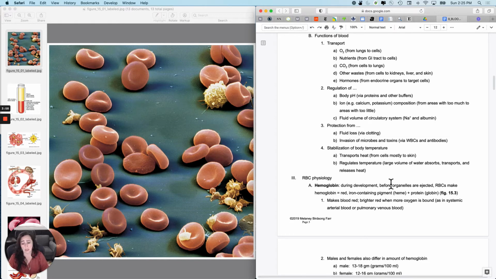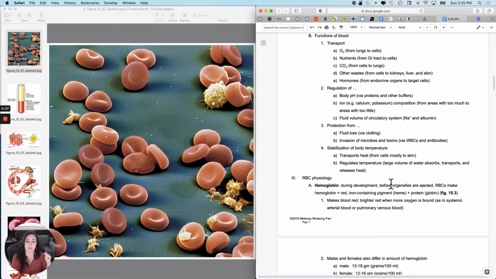And then blood also has a regulatory function. Because it's got proteins and other buffers in it, it actually helps to regulate your pH, not as dramatically as does the urinary and the respiratory system. And it can regulate ion composition from where you've got a lot to where you have a little, for instance, like calcium, which you're going to have a lot of it stored in your skeletal system, and you might need it in your nervous system.